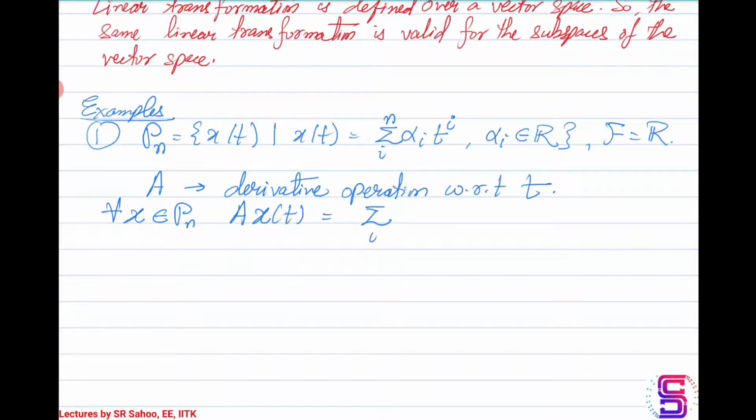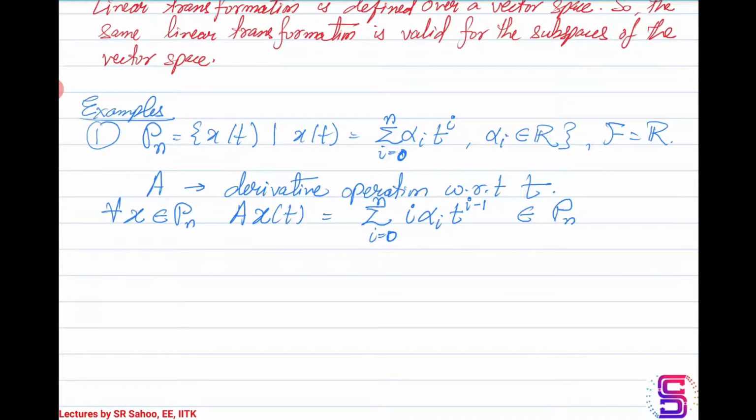The summation i equal to 1 to n, sorry, this is 0 to n, i multiplied by alpha i t to the power i minus 1. Right, and this of course belongs to Pn, the polynomial space. So A is a transformation.